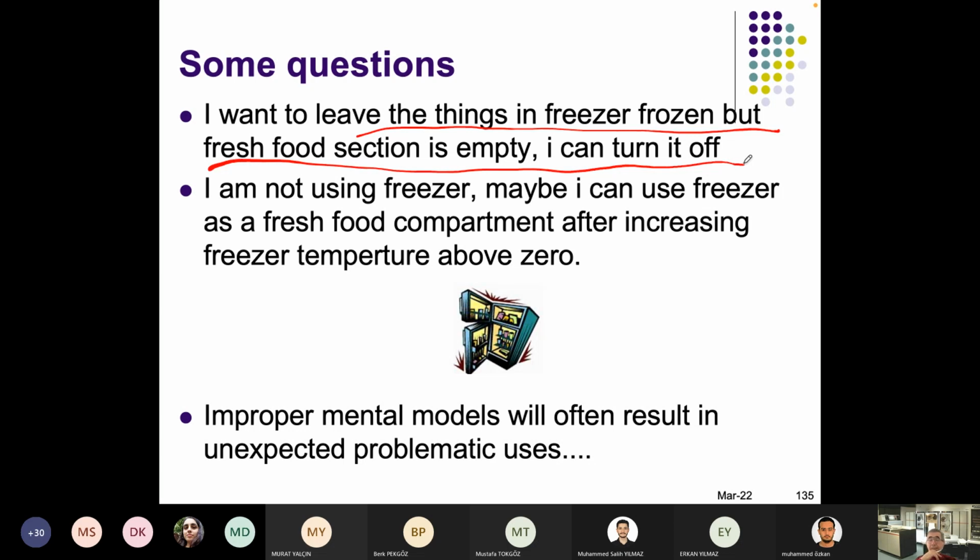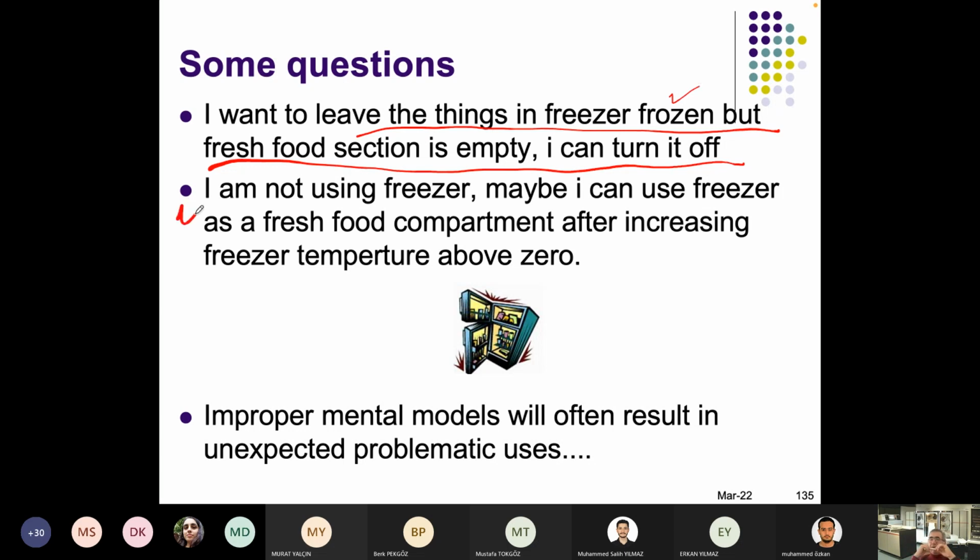You may think that in the Vestel case, you can, while in Arçelik and Beko, you can't, because interface says they are connected, but Vestel says they are disconnected. So this question can be asked, and some users may try it with the Vestel.